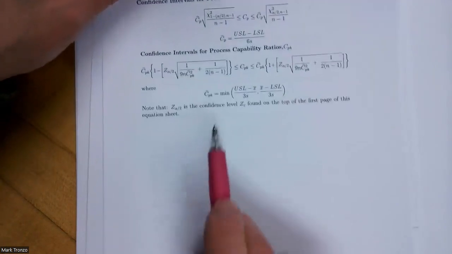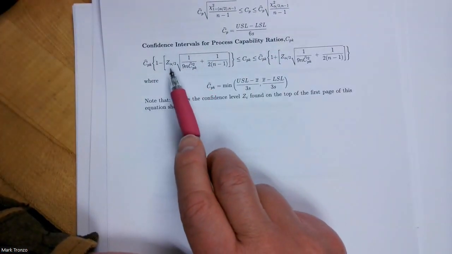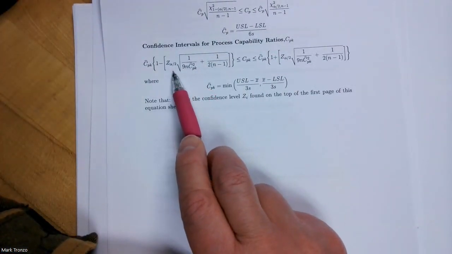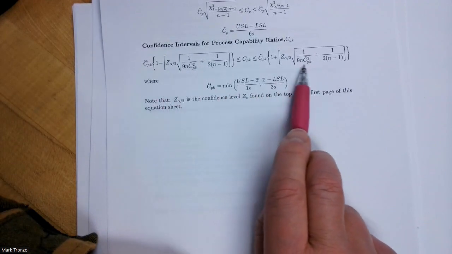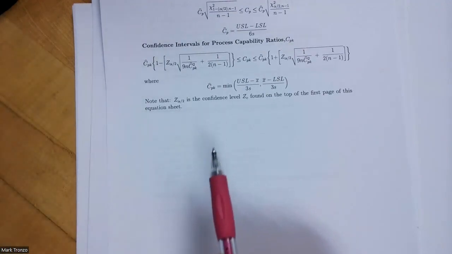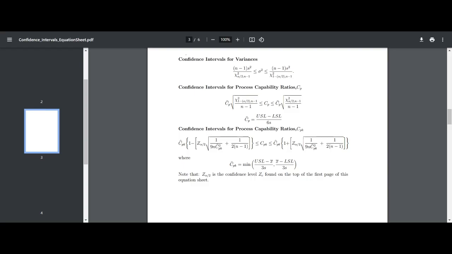Now for the CPK, it's a bigger equation, but you use the Z values this time and find the confidence interval there. The Z value is the regular confidence level, the one that you've used before. Notice at the bottom it says the confidence level ZC.